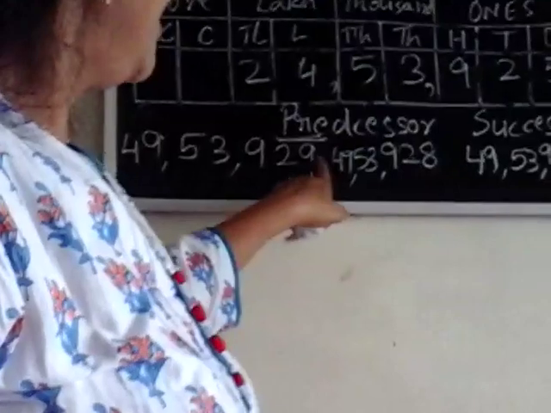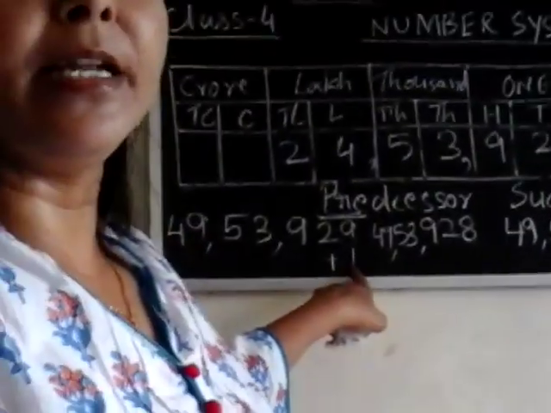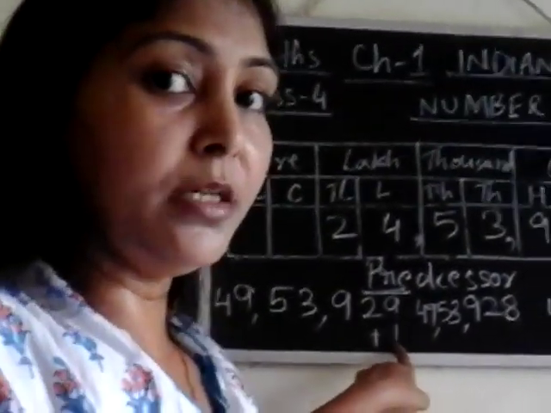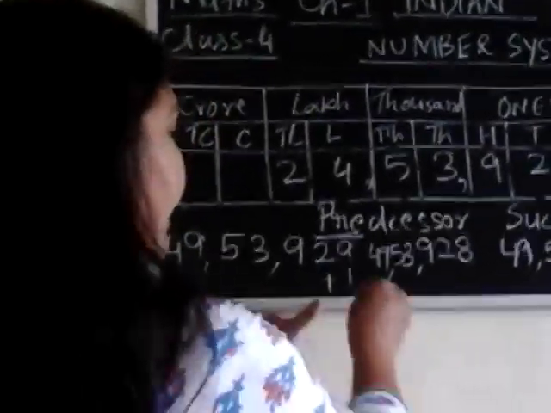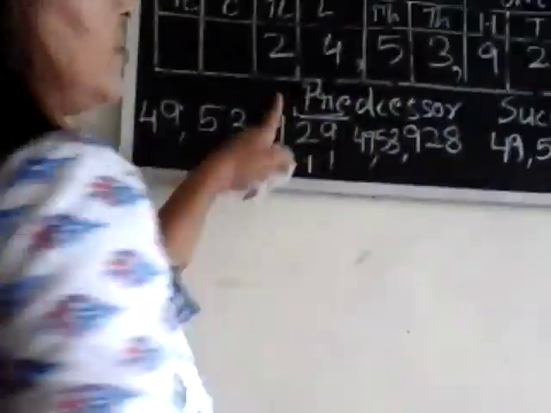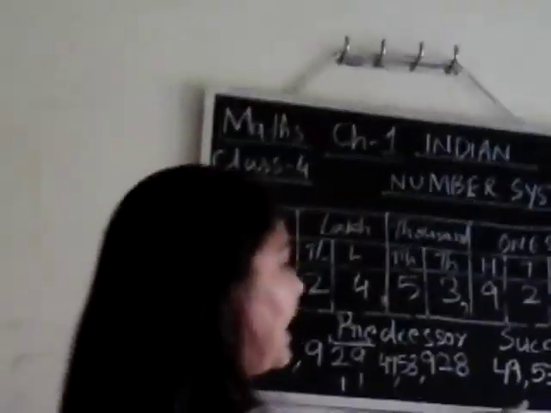Now if I add 1 here, 9 plus 1 becomes what? 10. So I am going to write here 0. And the carry is over here. So the carry over is going to be added in the next place value. So the answer will become 930. Okay.